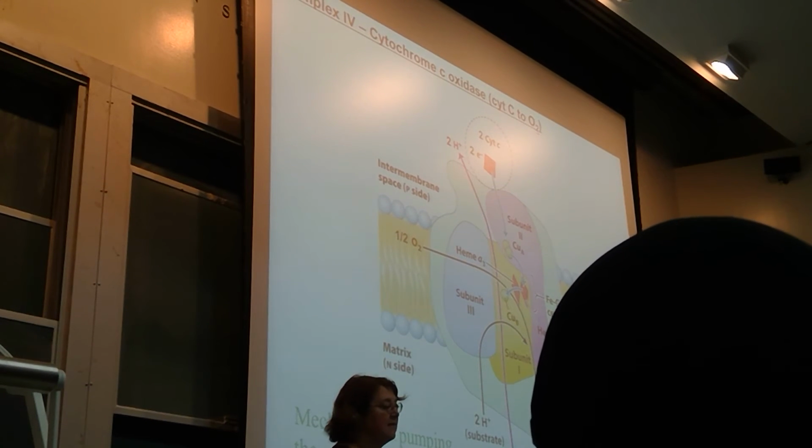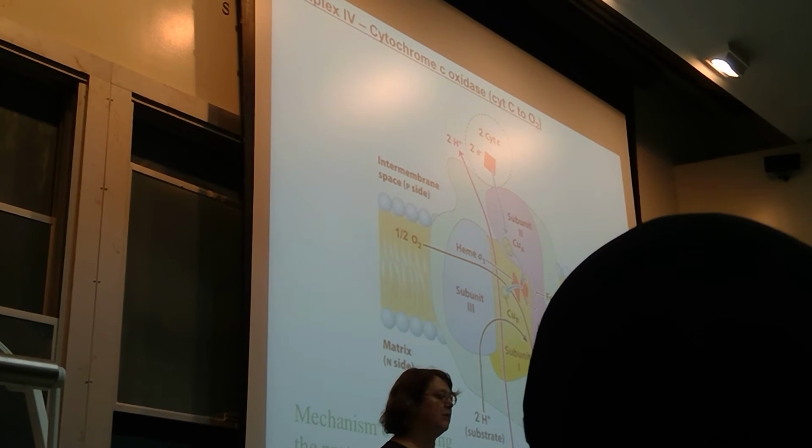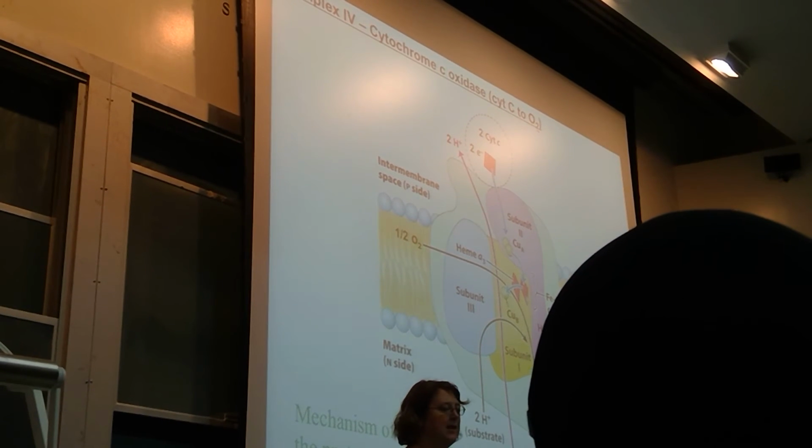As part of this, you would just want to know that these would have a series of reduction potentials that would be allowing this electron transfer to happen. And you have a half O2 coming in with H plus as a substrate. So this is specifically saying substrate because you need it to form water.